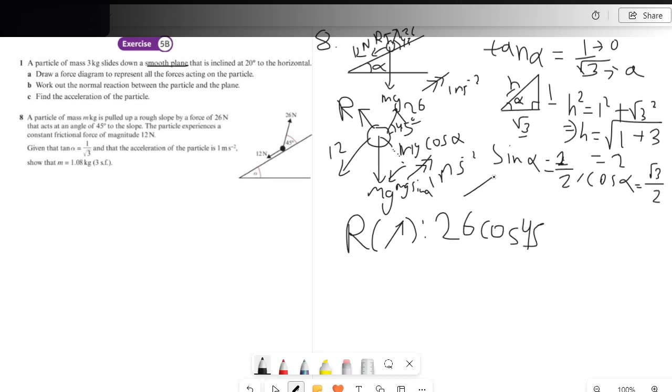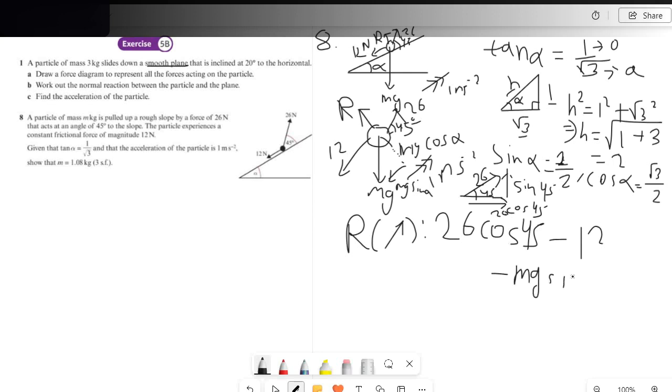If you look at the force of 26 and this angle of 45, this one should be the cos component, or 26 cos 45, and this should be the sine component, or 26 sine 45. So 26 cos 45 minus 12 minus mg sine alpha.